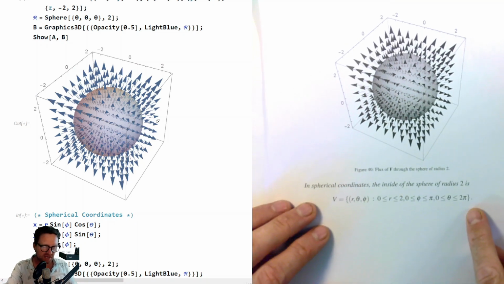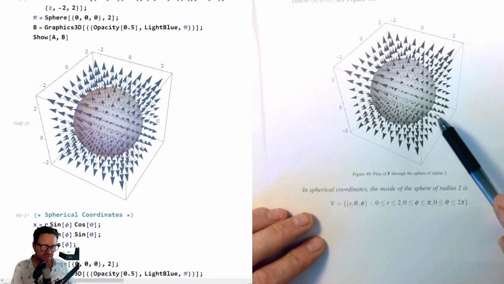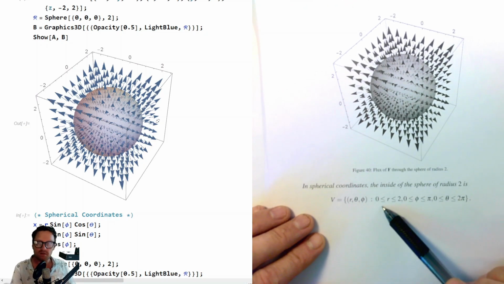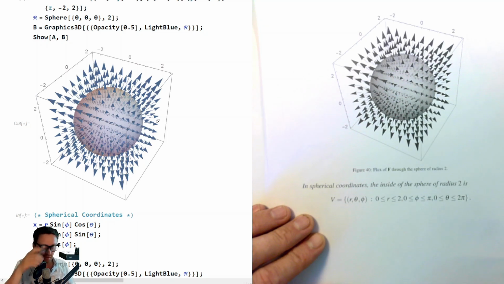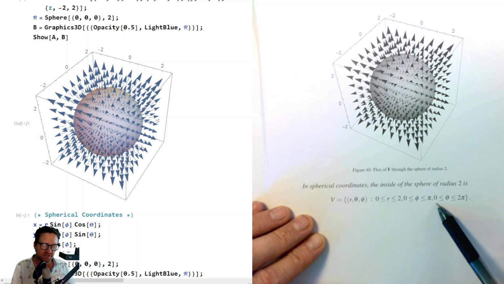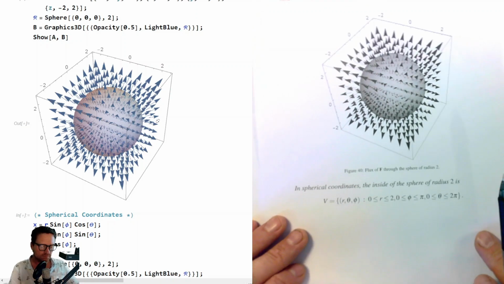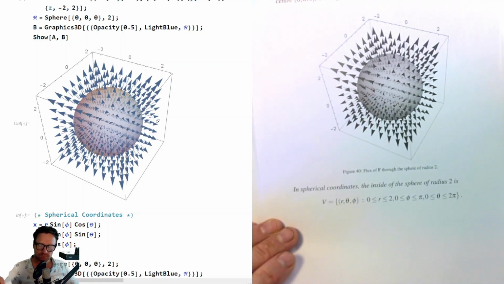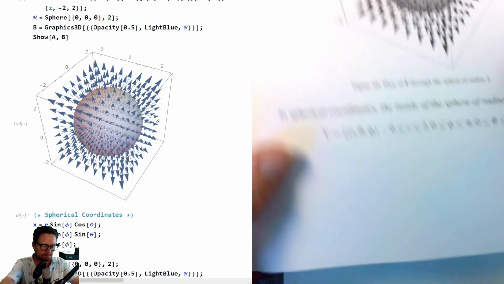So here we have a parameterization of the inside of the sphere of radius 2. So r goes from 0 to 2, that's inside this. Phi goes from 0 to pi, and theta goes from 0 to 2 pi. Okay, so let's go ahead and calculate our flux now.